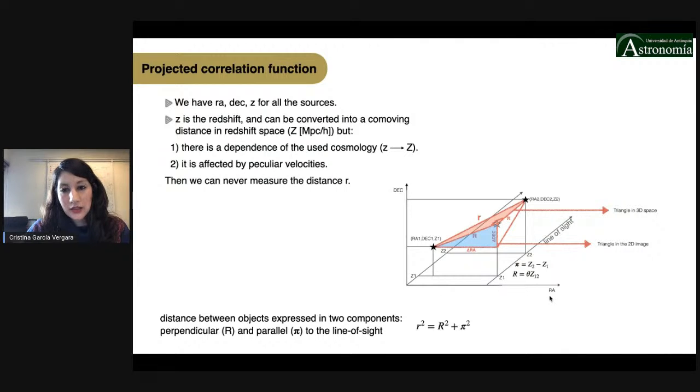Basically the right ascension and declination give you the position of the sources in the sky. And this axis here is the redshift, basically the line of sight. Then if you have the redshift of both objects, you can compute the redshift distance between them, which is called p.